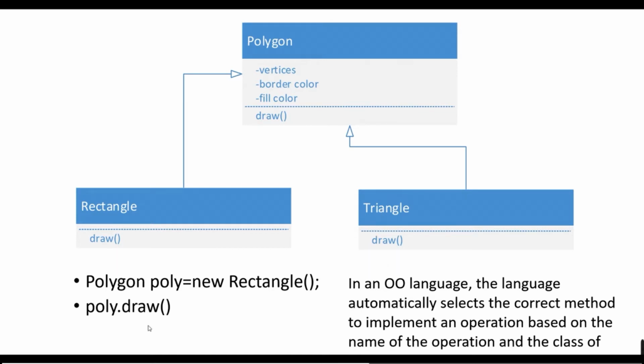It means although you are calling the operation of the superclass, the language will automatically select an appropriate implementation or appropriate method for the operation in the superclass. This is called polymorphism. This is a very important characteristic for object-oriented modeling. We will explain this further.